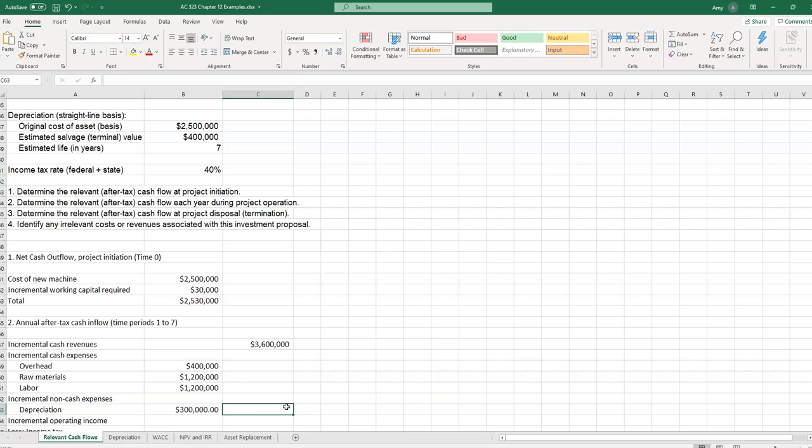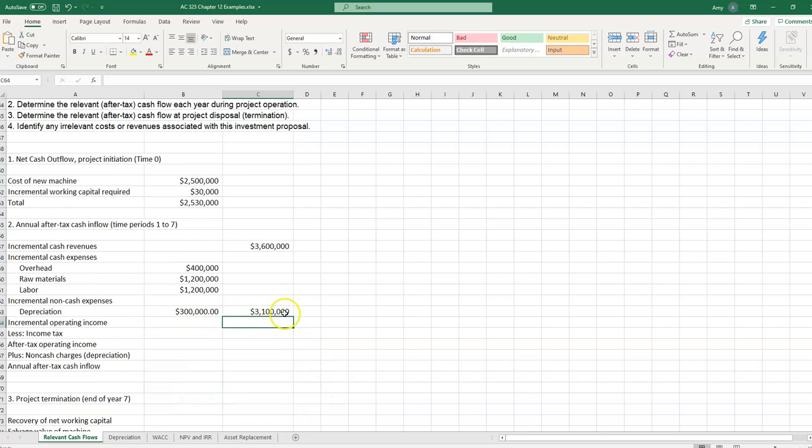So we add up all of our expenses, and revenues minus expenses gives us our incremental operating income. Then we calculate our tax, which is 40%. So 500,000 times 40%, and we subtract our tax expense, and that gives us an after-tax operating income of $300,000.